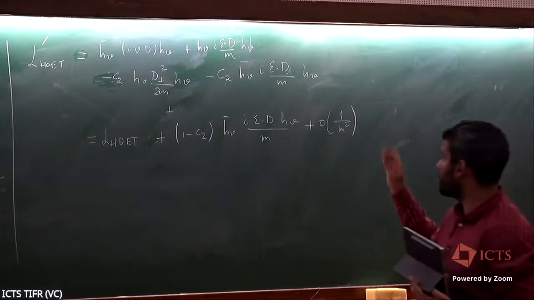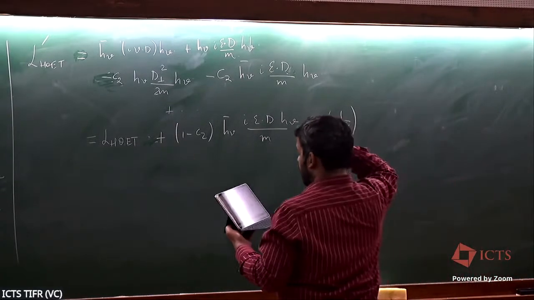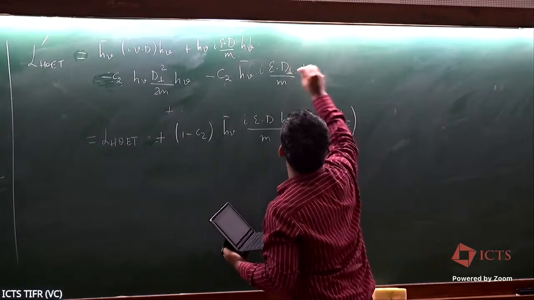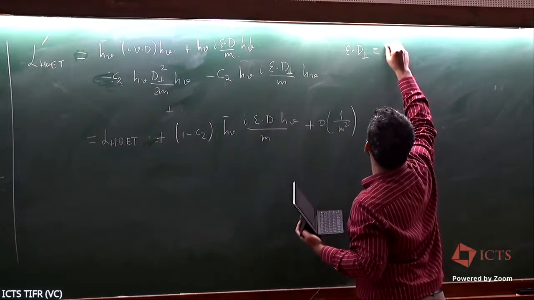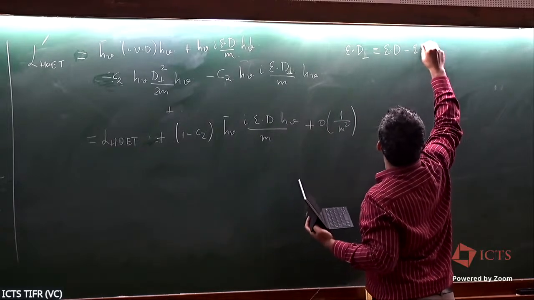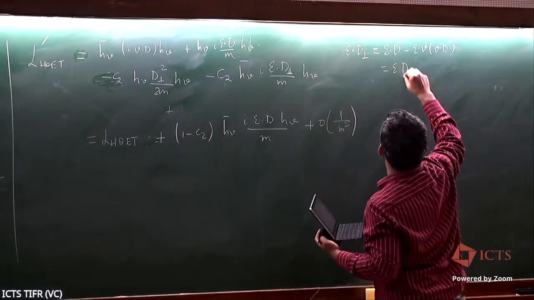So you just substitute it and you will arrive at this point. Okay. Let me define a simple thing here. ε·D bar is ε·D minus ε·v v·D, which is ε·D because v·D is 0.